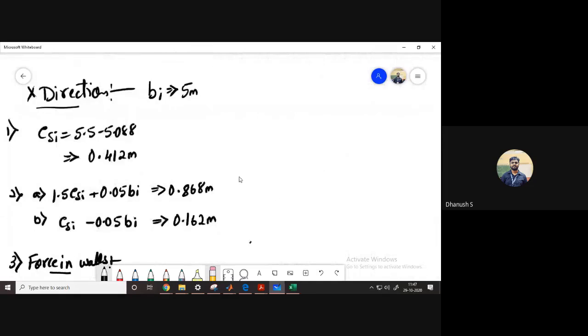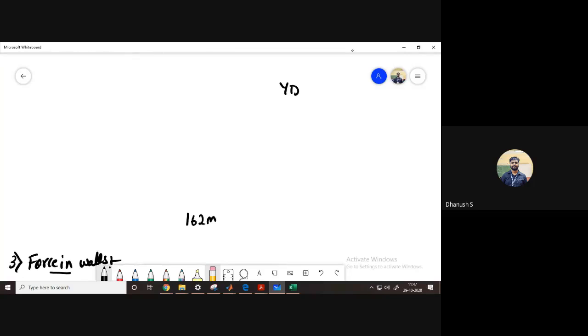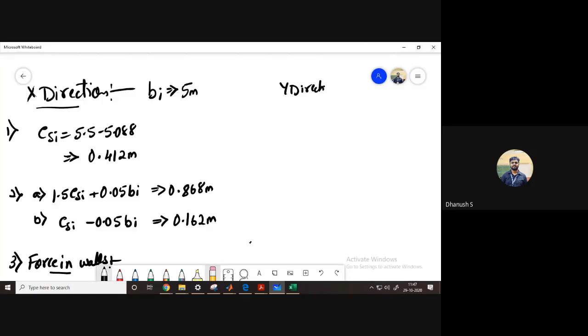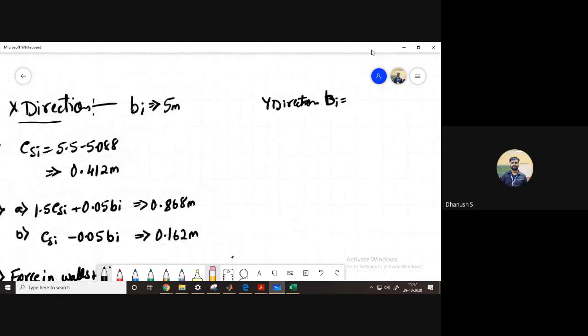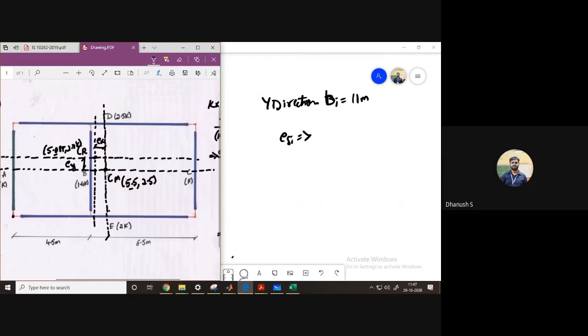So for the Y direction, I'll write here Y direction. What is your Bi value? 11 meters. Take 11 to apply the two formulas. Before that, we need the Esi value. How to calculate the Esi value? Look at the figure here. Esi is the distance from the center of mass to the center of rigidity along the Y direction.